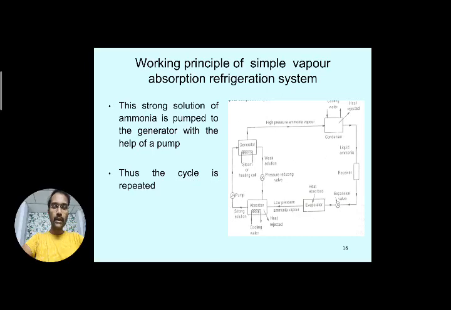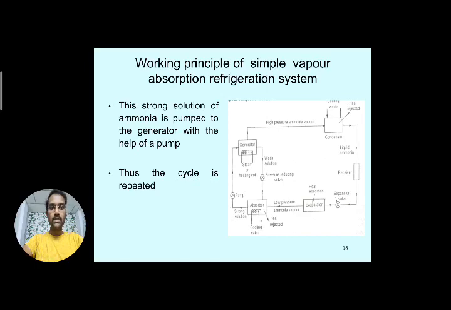And I hope you have understood how you are getting high pressures without the use of any mechanical devices or compression work, what combination of refrigerant and absorbent we are using, and what type of energy we are utilizing here, heat energy instead of mechanical energy.